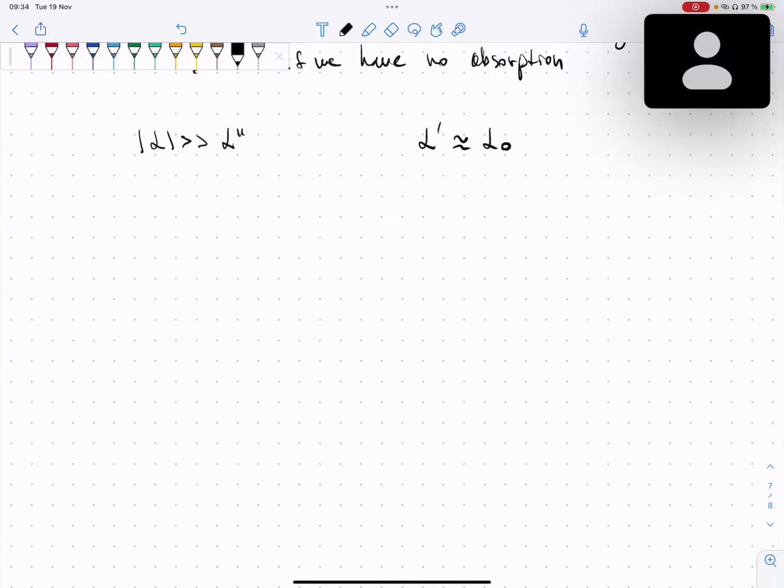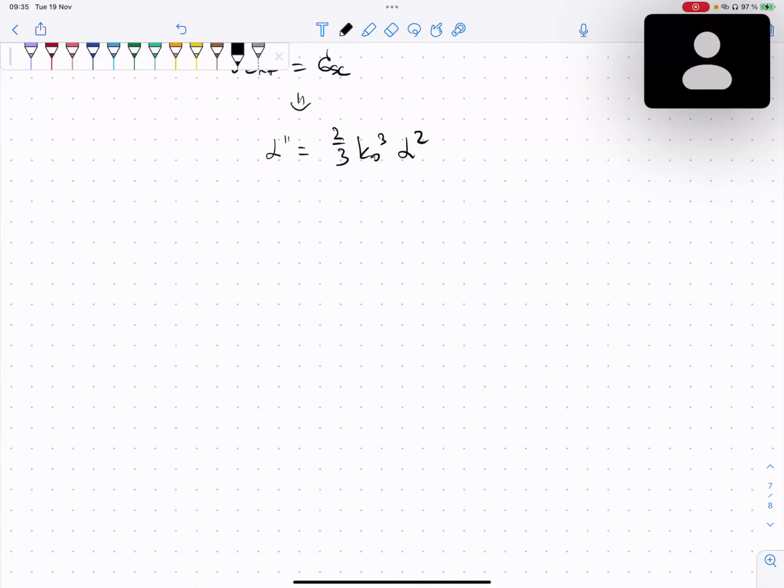So from this equality, we get that the imaginary part of polarizability equals 2/3 k0 to the third power alpha squared, which means that alpha equals the real part of alpha plus I 2/3 k0 to the third power alpha squared.